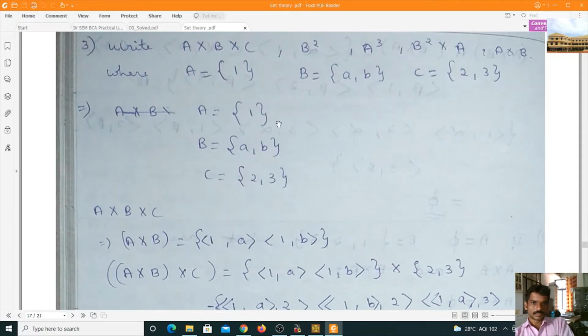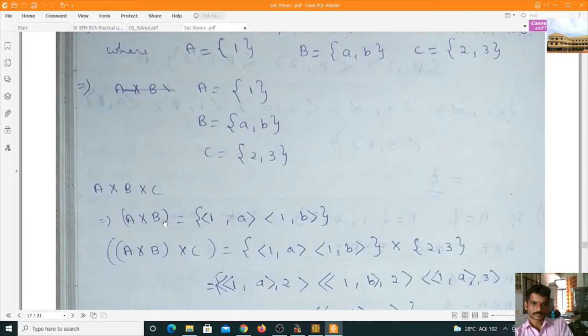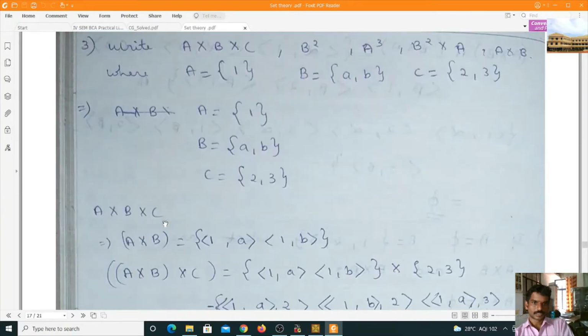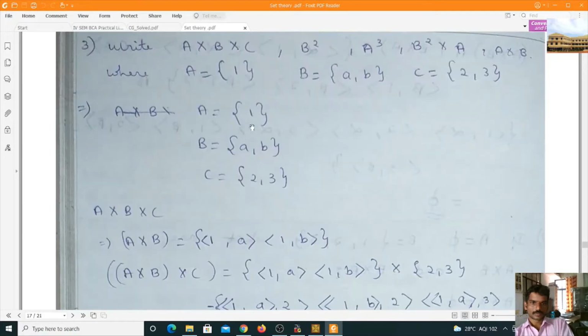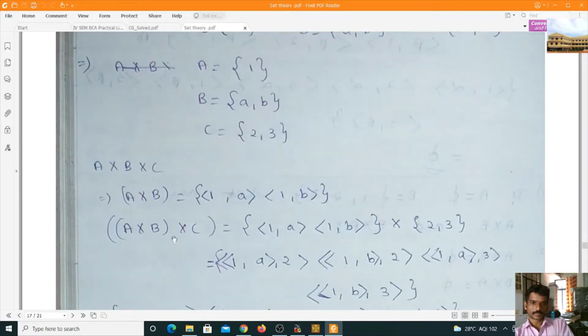So let us calculate A cross B cross C. First we will calculate A cross B: 1 comma a, 1 comma b. Next we multiply with the value of C, that is 2, 3.